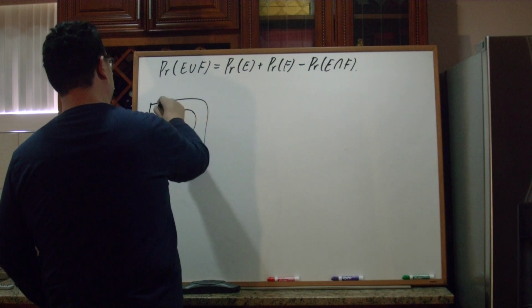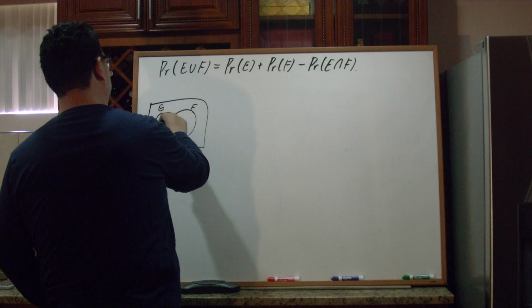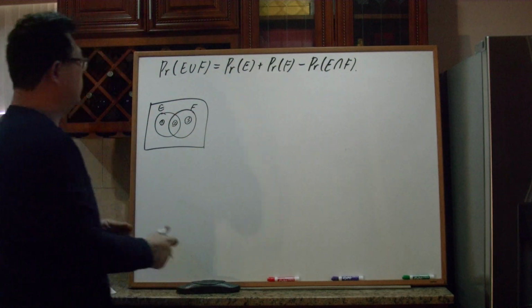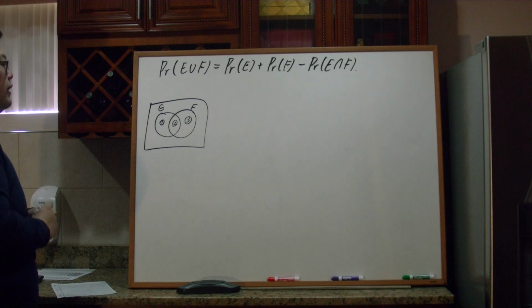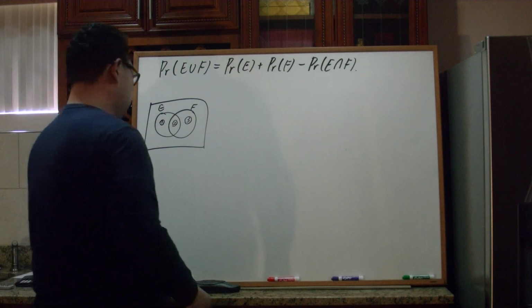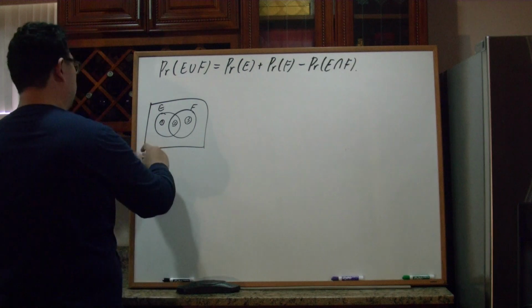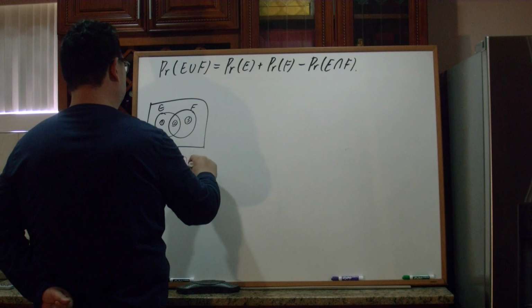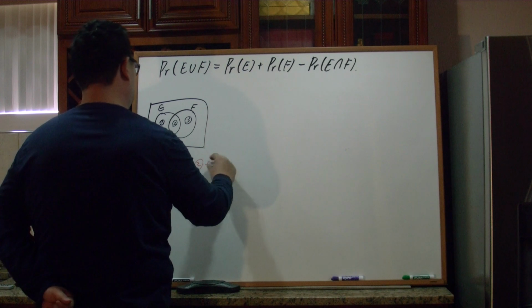If we separate it into pieces, each diagram separates into three pieces: the first, the second, and the third. The probability of the union is supposed to be 1 plus 2 plus 3.